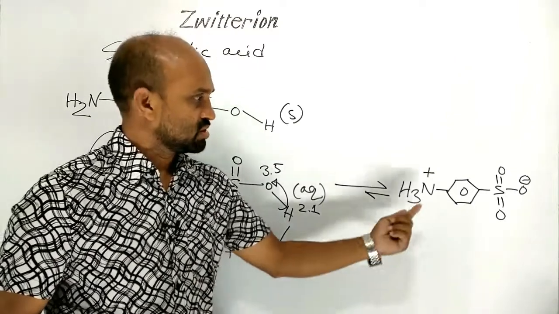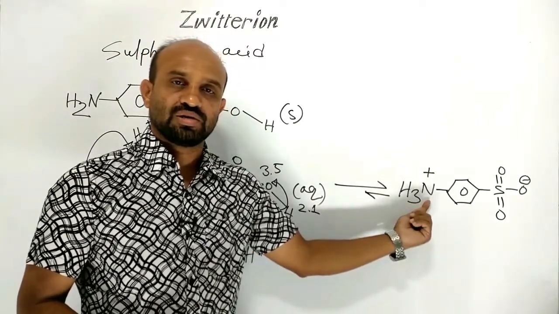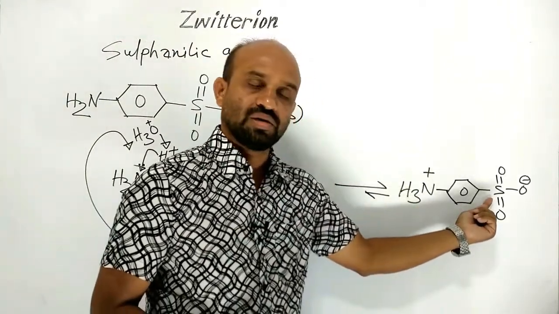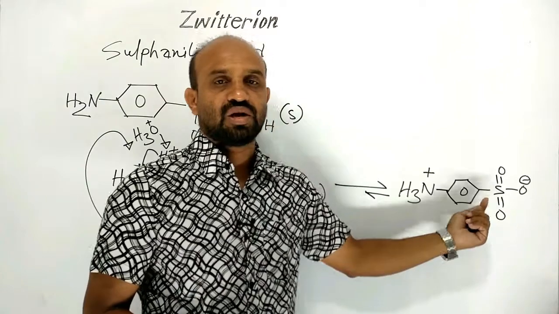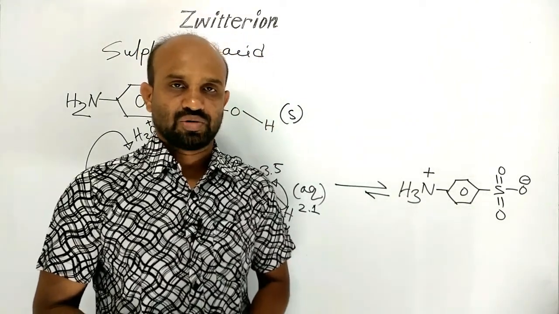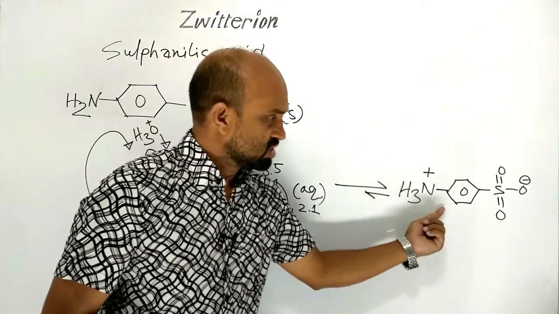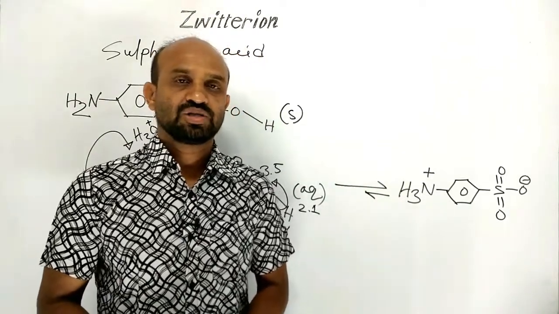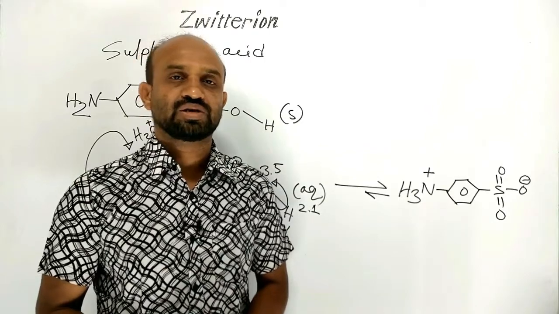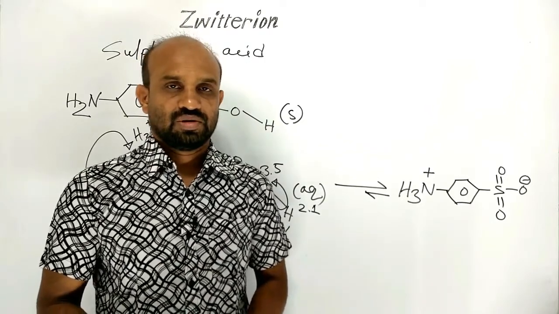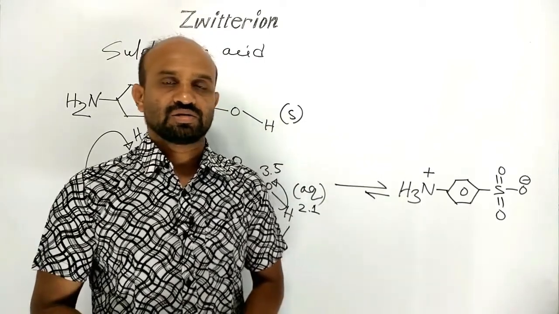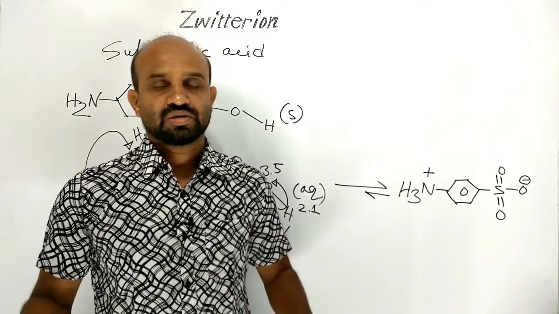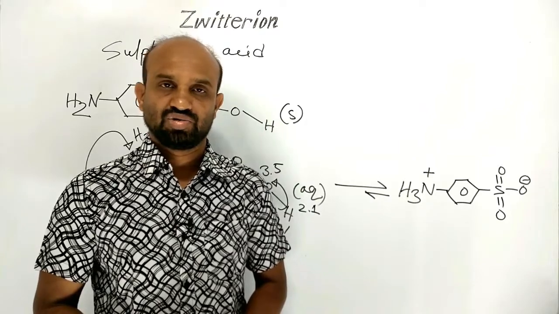That is why there is a positive charge over nitrogen, and here a negative charge after releasing the proton. So this is the ion that contains positively charged and negatively charged groups. The ion that contains positively and negatively charged groups is called Zwitterion.